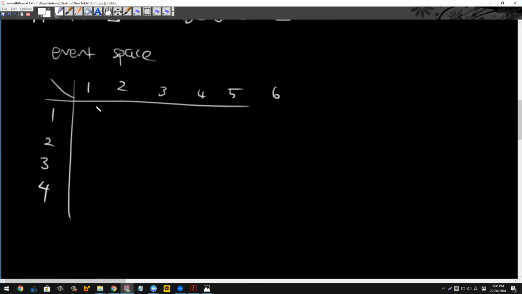So in this case, this event here is 1, 1. So this means it's a 1 on the tetrahedral die, and this means 1 on the cubical die. So I can just fill this out. This takes a long time, but I'm just going to do it. 1, 3, 1, 4, 1, 5, 1, 6.